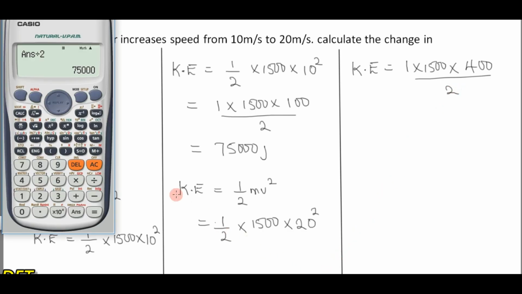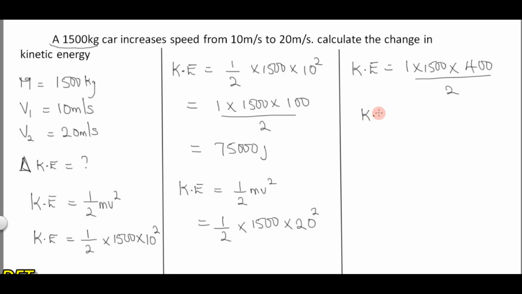So I'll bring out my calculator again and punch that. 1500 times 400 divided by 2 is equal to 300,000. So my kinetic energy will be equal to 300,000 joules, right?